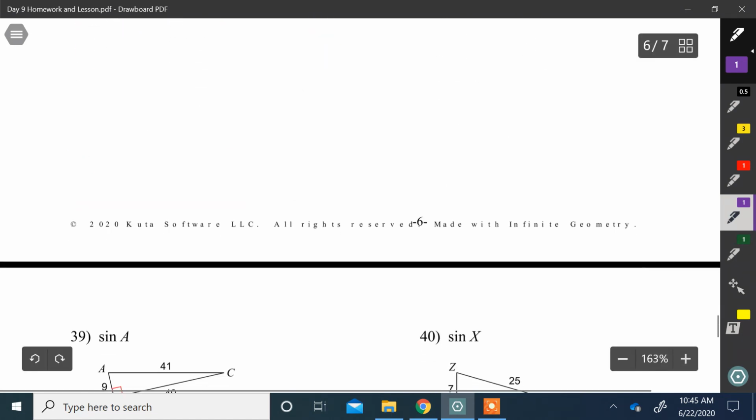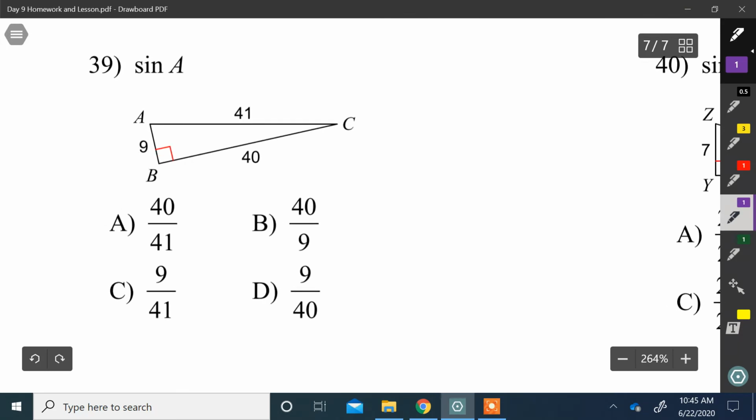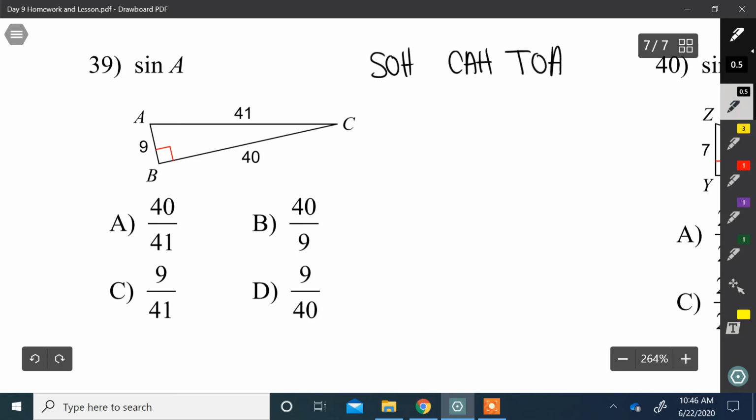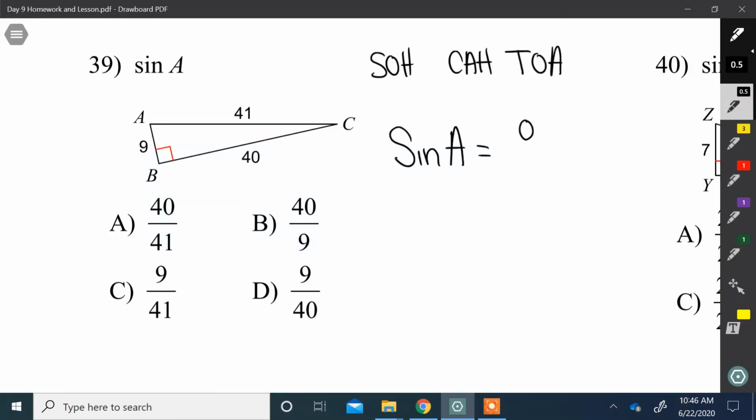And then finally, let's do the last one here. We're finding sine of A. Remember, we have SOHCAHTOA. Okay, so sine of A will equal the opposite. Uh-oh.